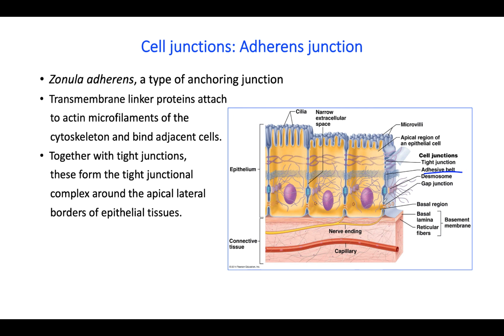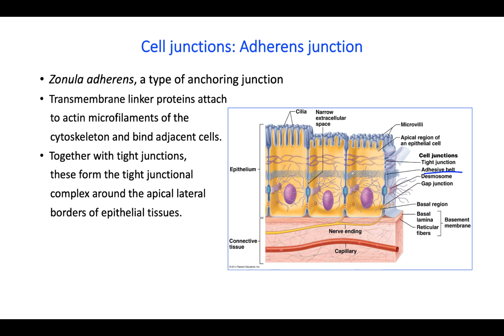Together with the tight junction, these form the tight junctional complex around the apical lateral borders of epithelial tissue. So close to the apical region, this is a tight junction. Below the tight junction, it shows adherens junction forming the adhesive belt.